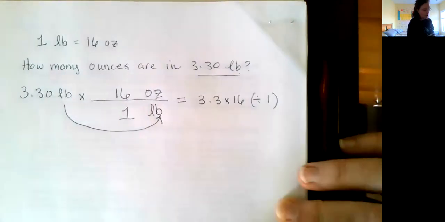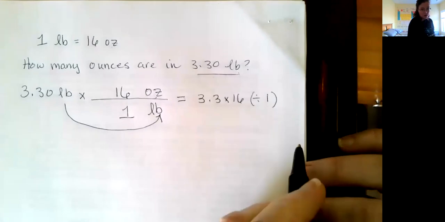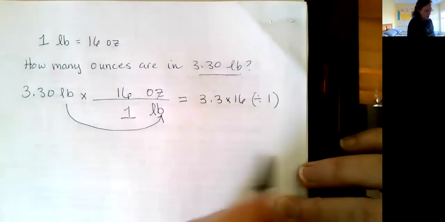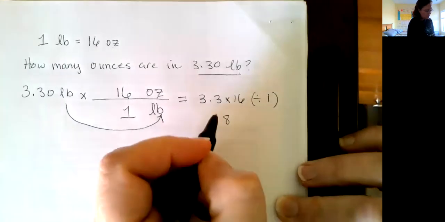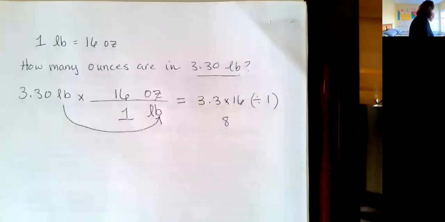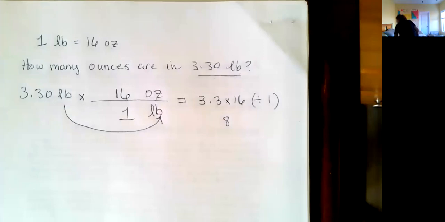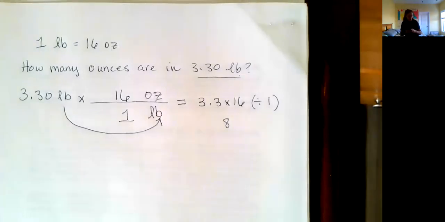But I don't really need to do that because the number won't change. And what's this going to come out to be? 8 carry the 1. You guys are doing it while I'm doing this, right? Okay, Google, what is 3.3 times 16? 52.8. Excellent.